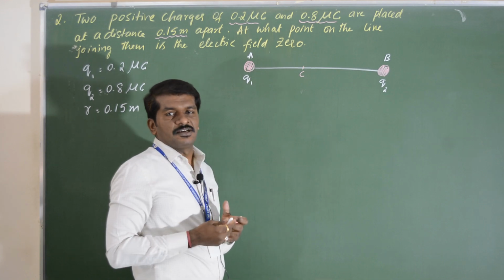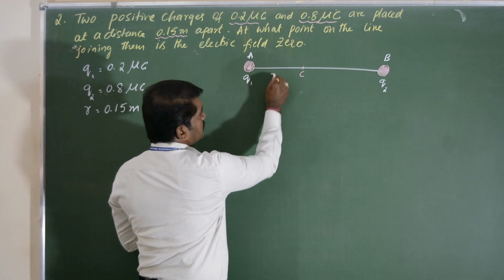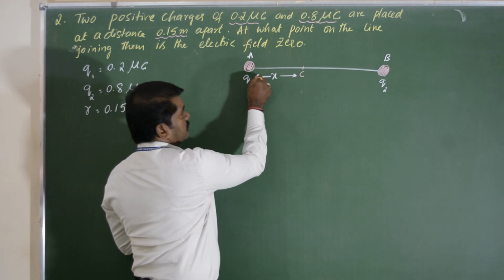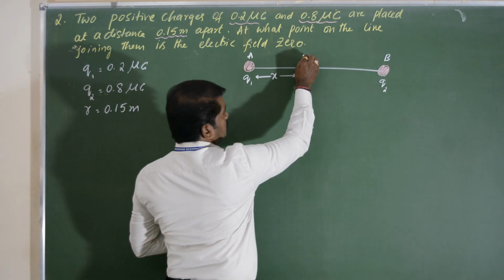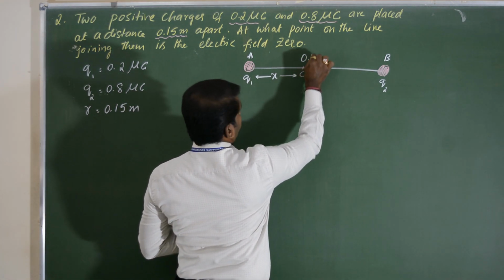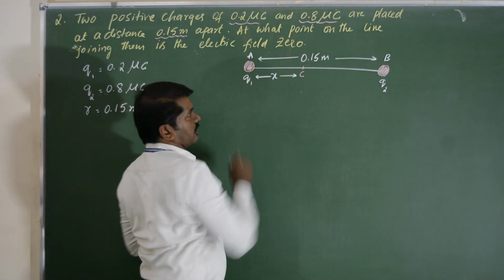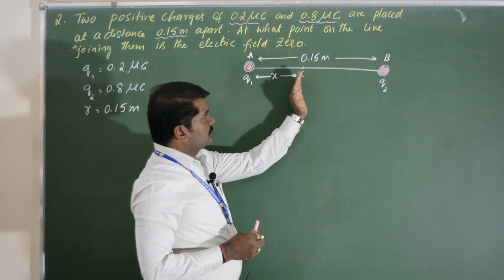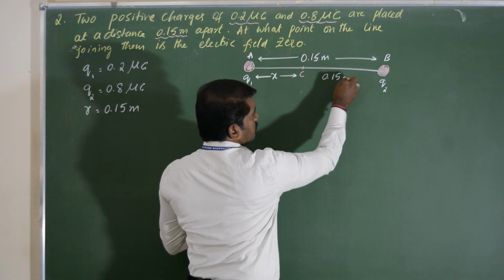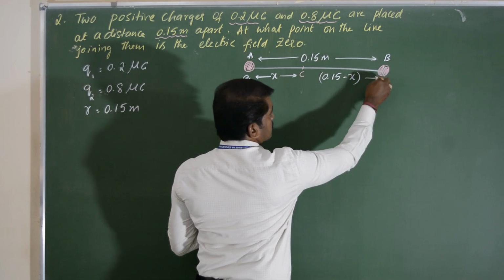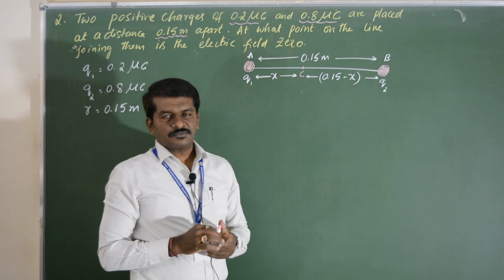We don't know where it is. So let x be the distance of the point from the charge q1 where the electric field is 0. As 0.15 meter is the distance between the two charges, the remaining distance will be 0.15 minus x. This is the distance between the point and the other charge.